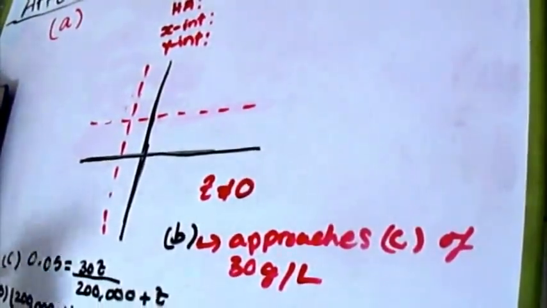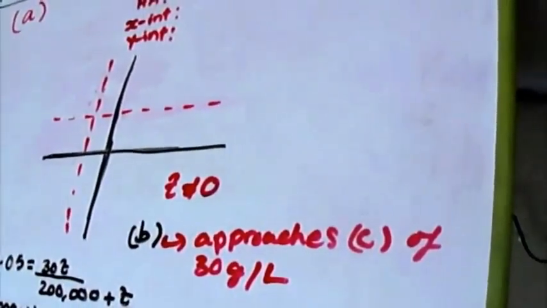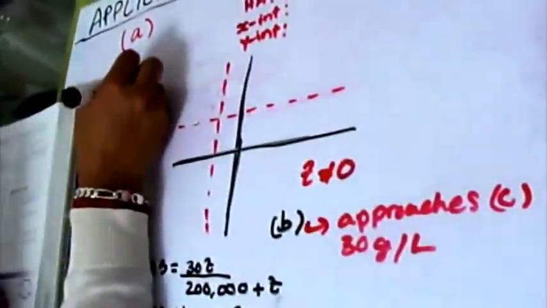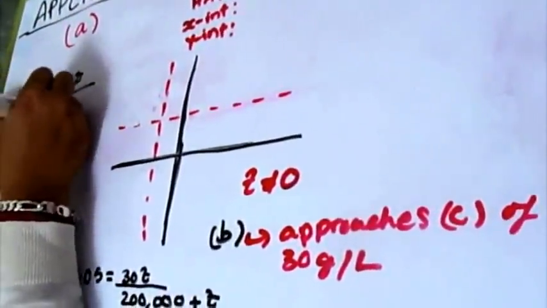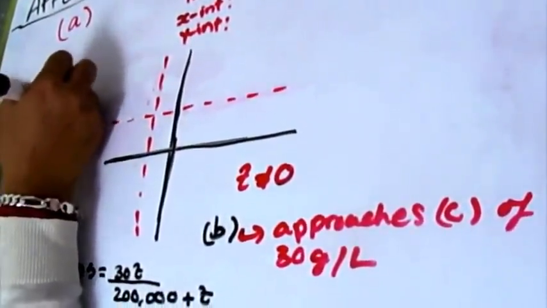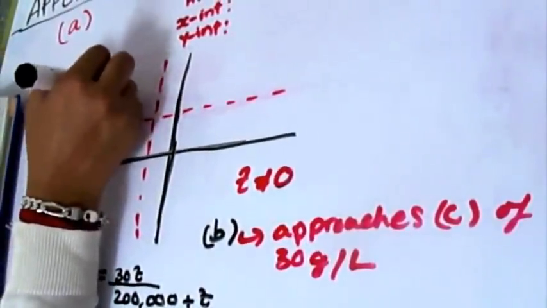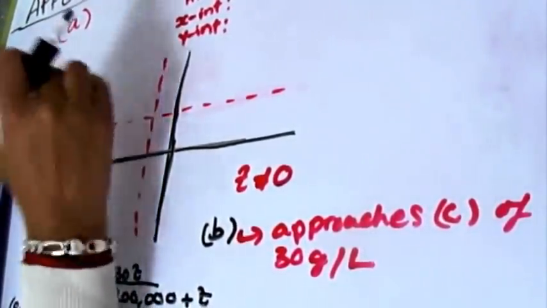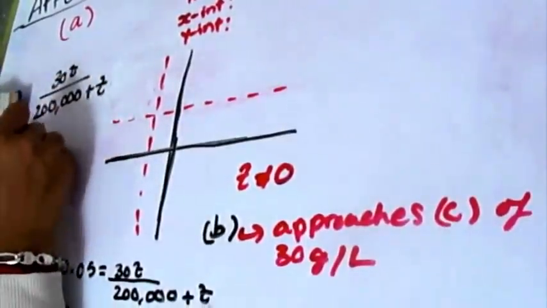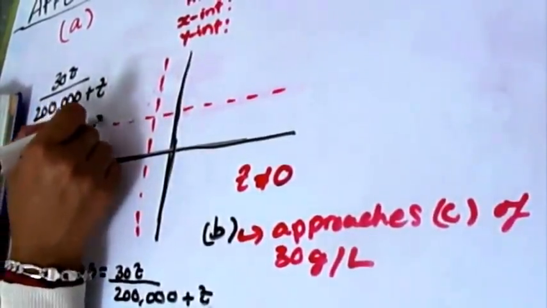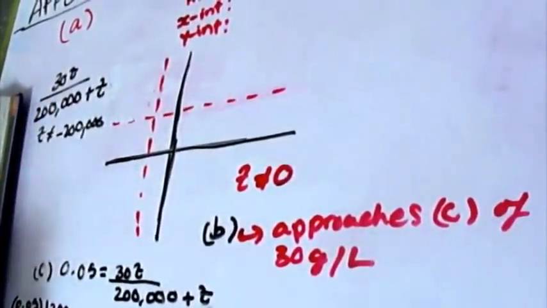So basically, the function that we have is 30t over 200,000 plus t, where t cannot equal negative 200,000 because that would be 0 and we can't divide by 0.